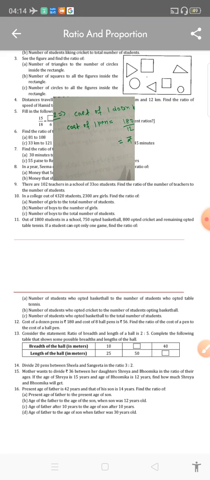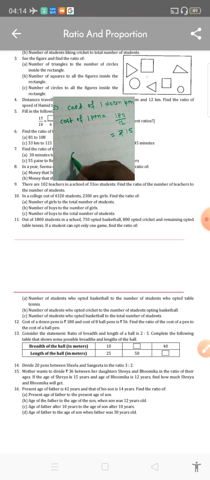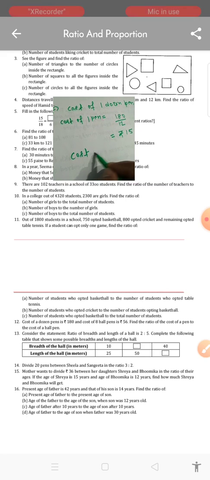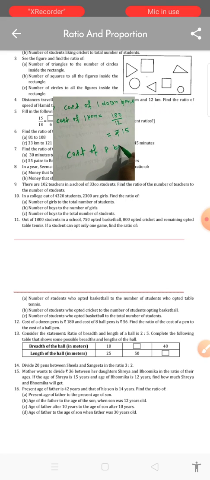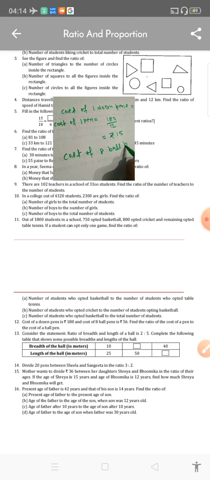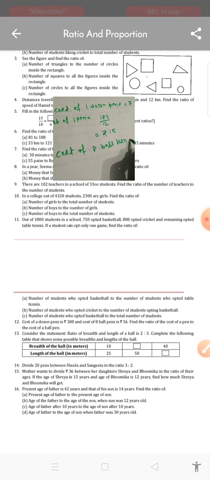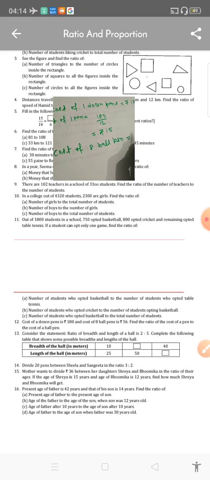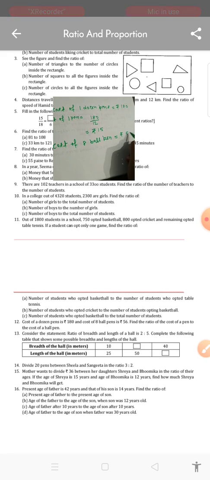Now this is given: the cost of 8 ball pens is equal to what? 56 rupees. Clear?